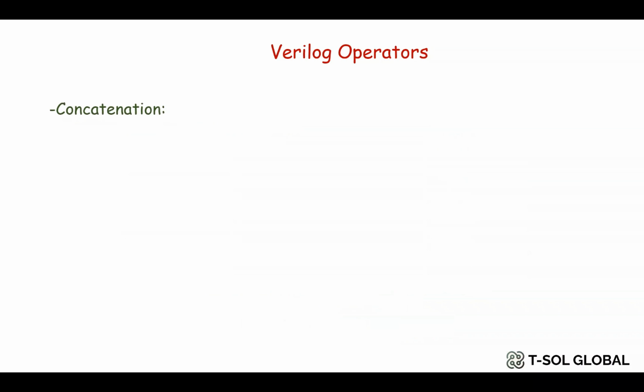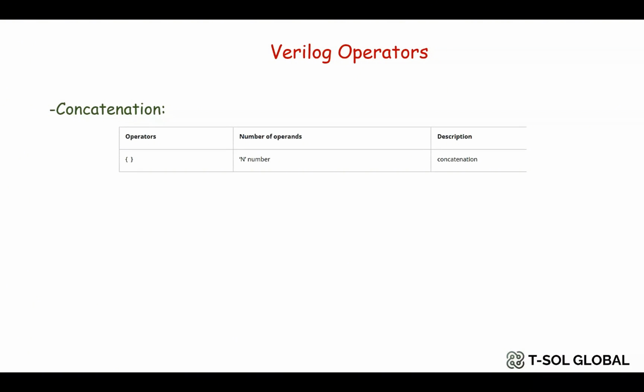Now moving into some other Verilog operators like concatenation. In concatenation, it takes a different number of operands and concatenates those. Here we also have one example. We have I1 equal to the 2-bit hexa number 2, I2 equal to the 2-bit hexa number 3, and I3 equal to the 4-bit hexa number 8.